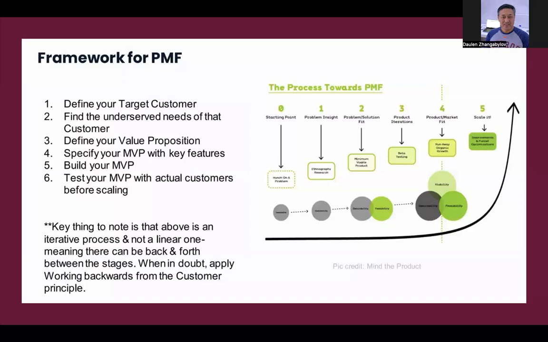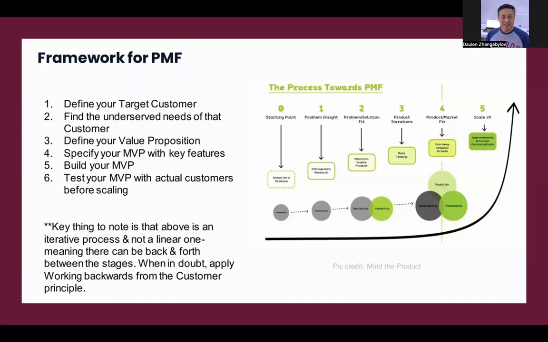Remember, we spoke about MVP, minimum viable product, which is a minimalistic setup for your product. You must decide your MVP with key features. And number 5, you build your MVP and do your development work.